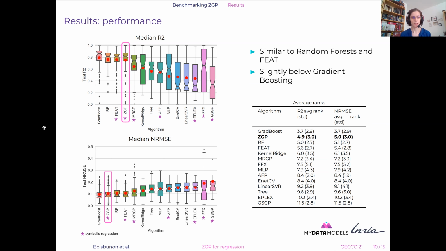And what we can see from these graphs is that there are 4 algorithms that are clearly above the others. First, we have gradient boosting, and then we have equivalence between random forest, FIT, and the GP. So we have very good performance of two symbolic regression algorithms compared with random forest, which is really great.